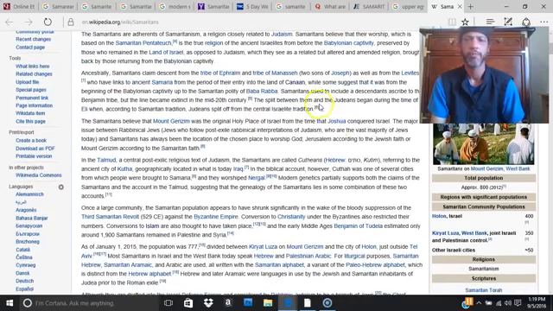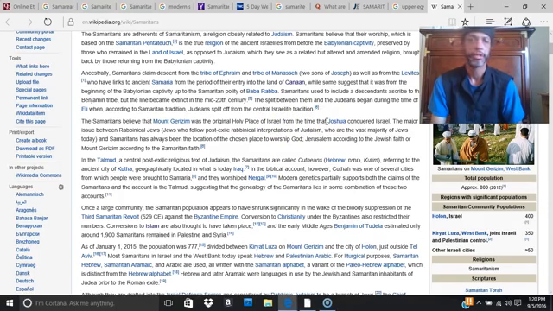The split between them and the Judeans began during the time of Eli. According to the Samaritan tradition, Judeans split off from the central Israelite tradition. The Samaritans believe that Mount Gerizim was the holy place of Israel from the time that Joshua conquered Israel.